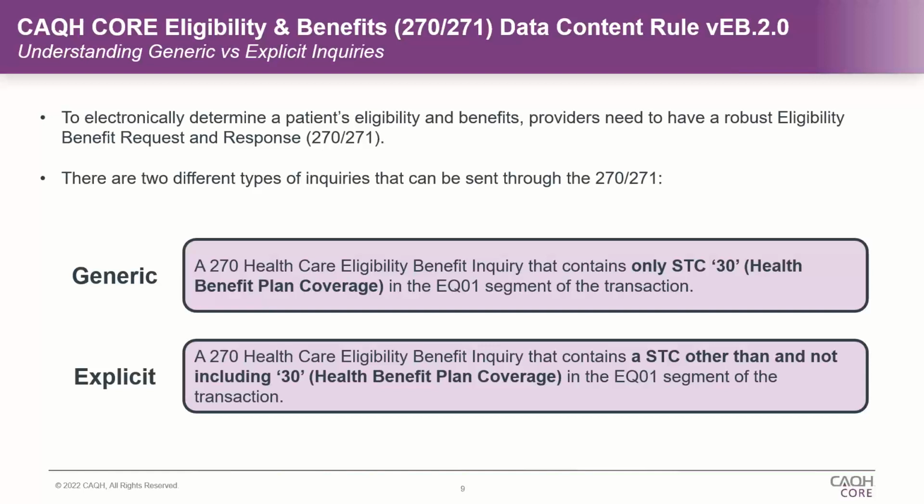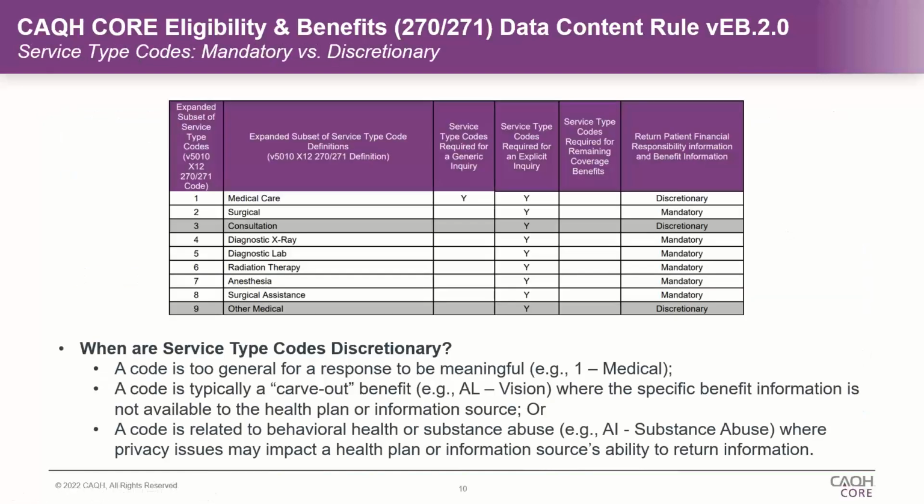On the next slide, since we're kind of getting into this topic, it might help clarify some of this. If we can move to slide 10. We do have distinctions within the core operating rules between not only an explicit inquiry, I'm sorry, the standard describes what is a generic and or an explicit inquiry.